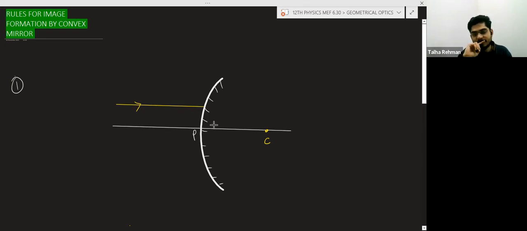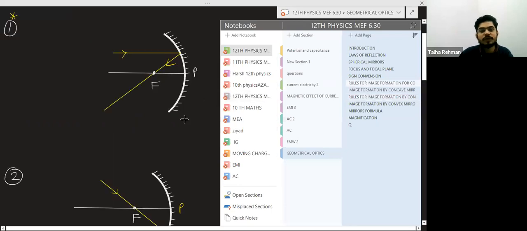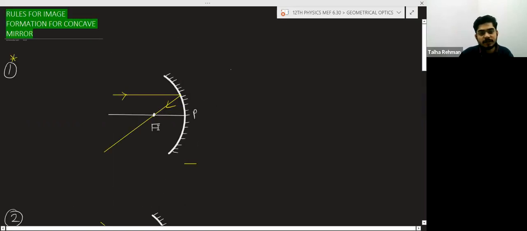If a ray of light is parallel to the principal axis of a convex mirror... earlier you have seen in case of a concave mirror, if a ray of light is parallel to the principal axis of the concave mirror, it passes through the focus after reflection. Here reflection is taking place, and after reflection it is passing through the focus.